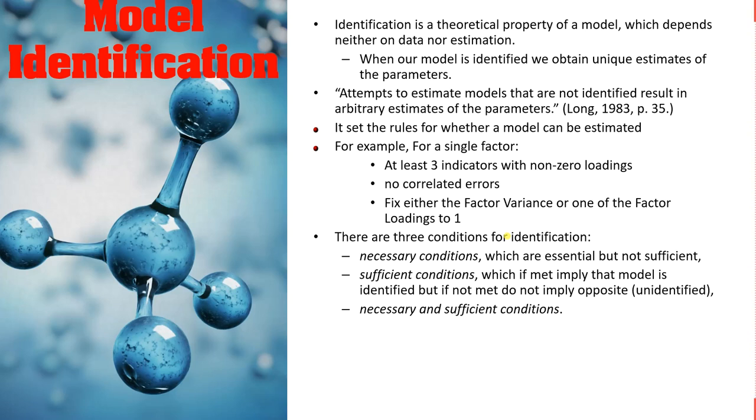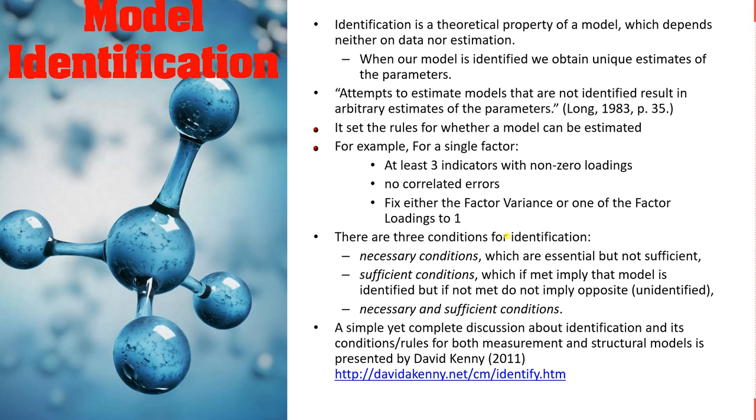And for different types of structural and relationship models, very detailed rules of identification are given. Generally, modern software helps us in knowing, through a mathematical procedure, whether the model is identified or not. And if it is not identified, it helps us see where we can work to make the model identifiable.